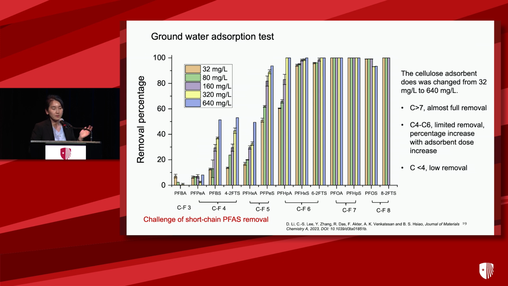And when we apply this material to real water remediation, these are real, environmentally relevant water samples. We apply different doses of this material, from a low dose of 32 milligrams per liter to a high dose of 640 milligrams per liter. And we notice a large removal for the long-chain PFAS, as you can see at the right end of the graph above C7.